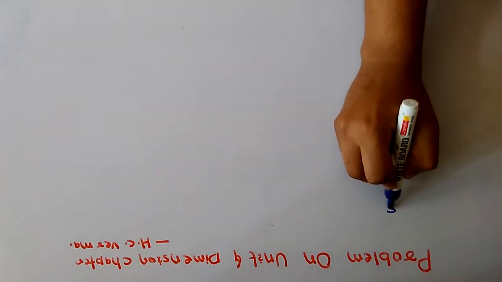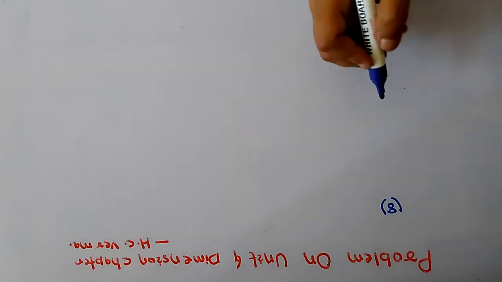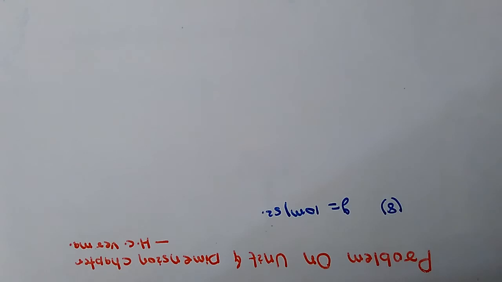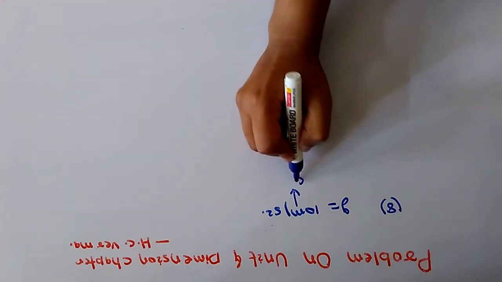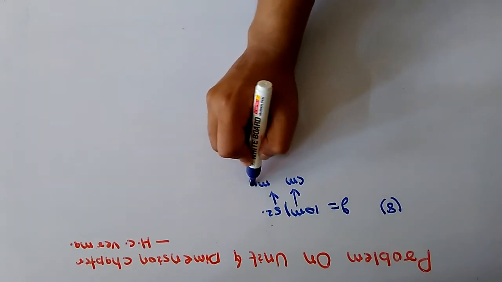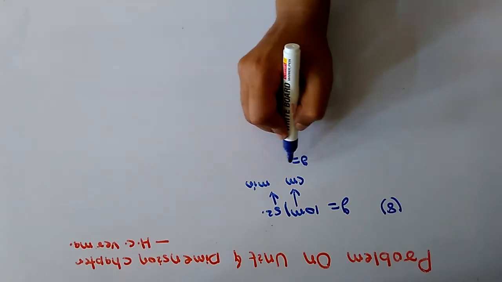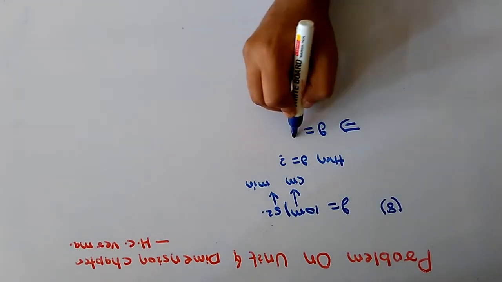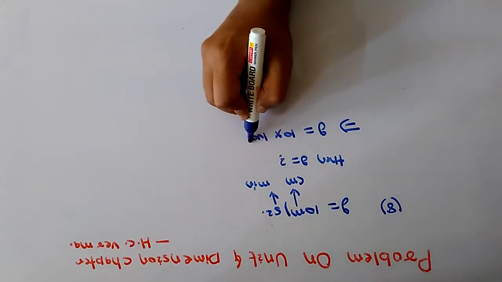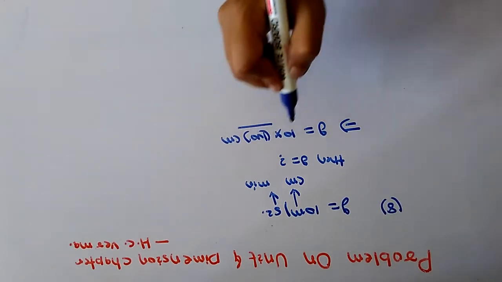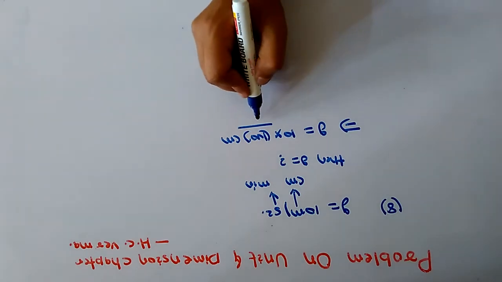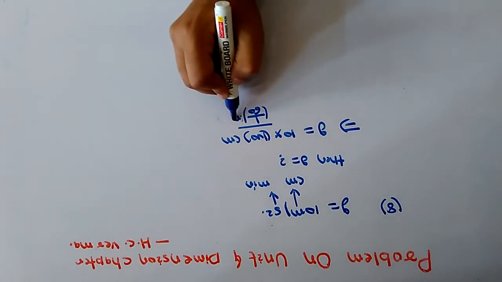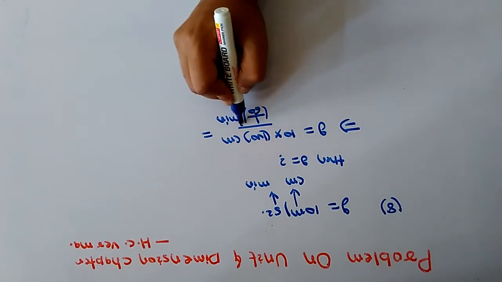Question number 8 says acceleration due to gravity is 10 meter per second square, and we have to convert it in terms of centimeter and minute. So g will be 10 into 100, since 100 centimeter equals 1 meter, upon, since 60 second equals 1 minute, 60 squared, as it is a power of 2.